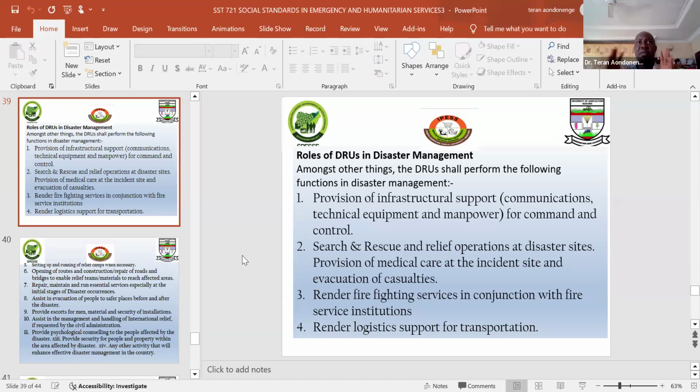We see this most of the time in crisis areas. If you go to places like Katsina, Zamfara, parts of Benue, Agatu, Jos, or when you move to places like Mangu in Plateau State, you see the disaster response unit.